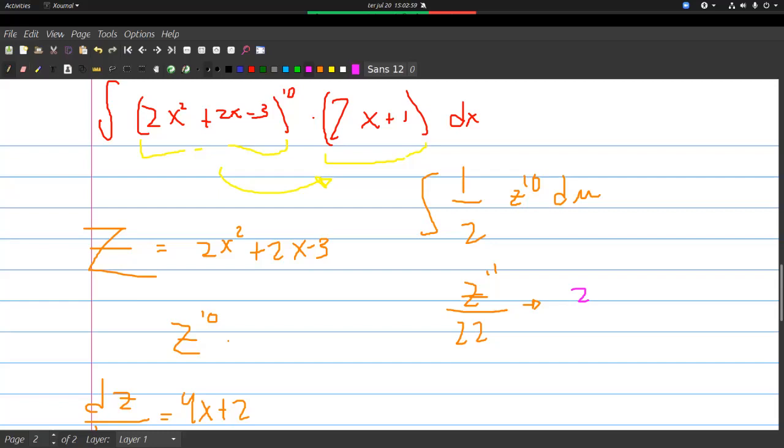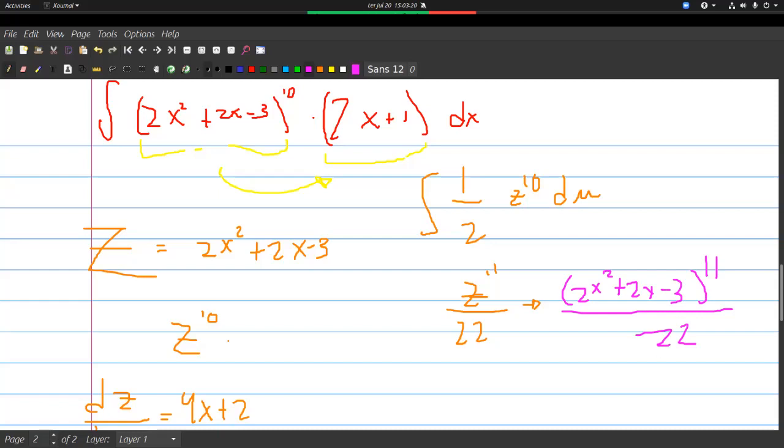So it would be (2x squared plus 2x minus 3) raised to the 11th power, divided by 22. Very easy.